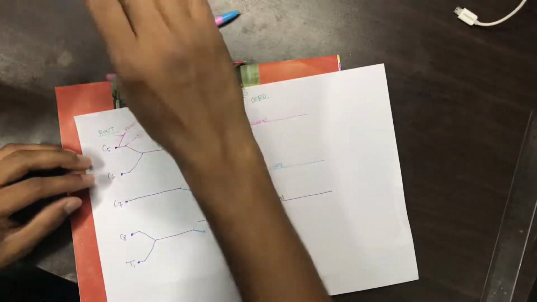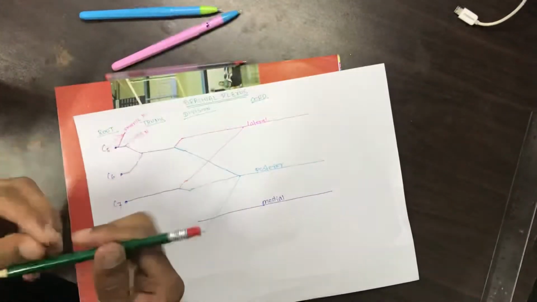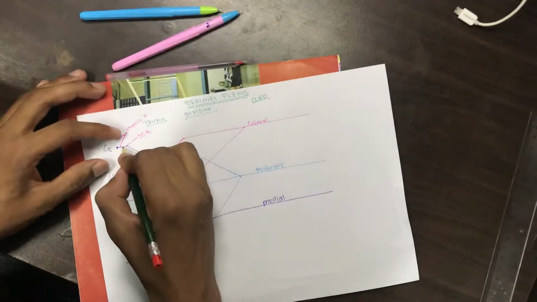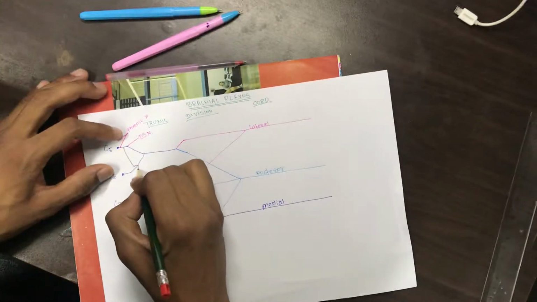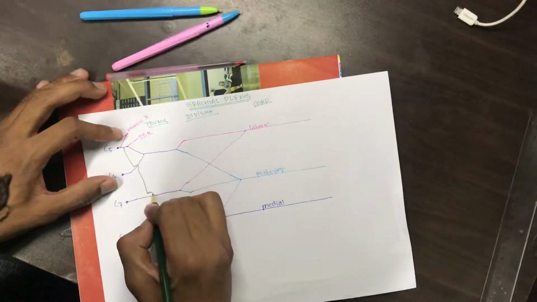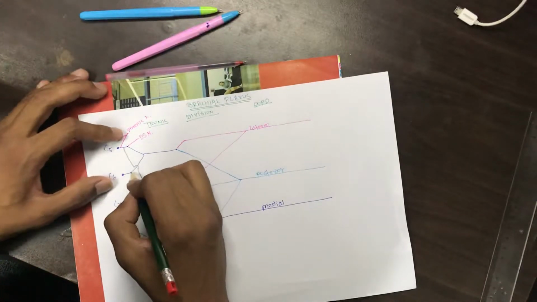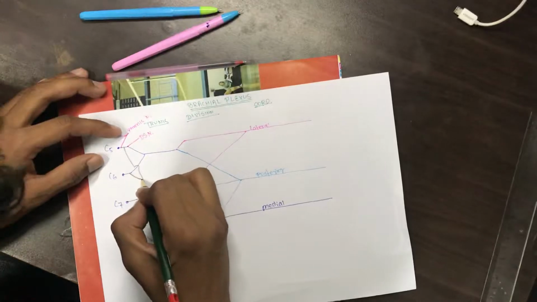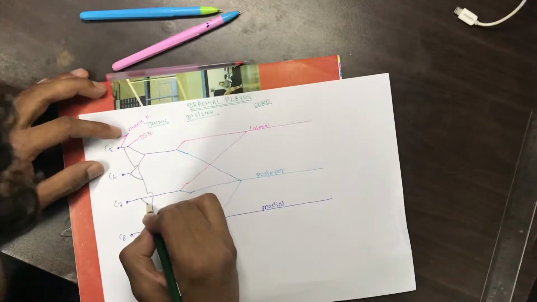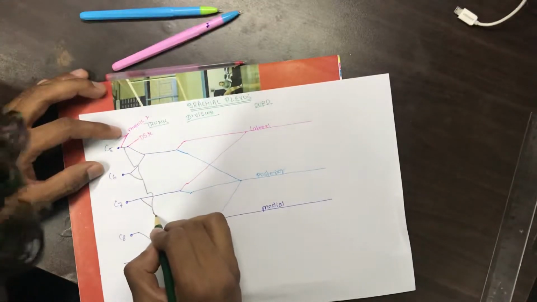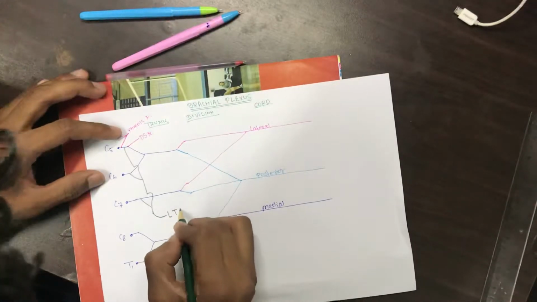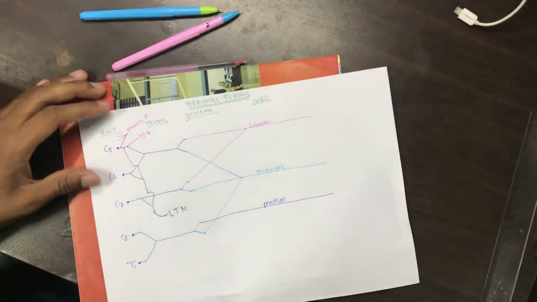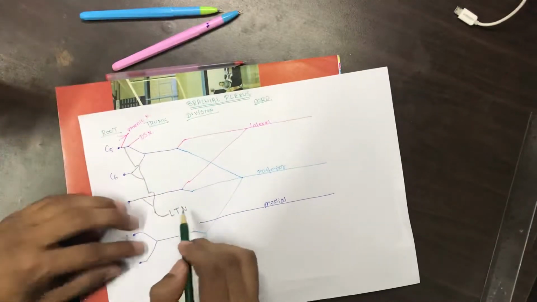Then one more branch comes out from C5, C6, and C7. This is our long thoracic nerve, LTN.